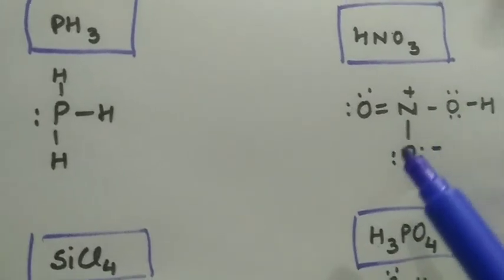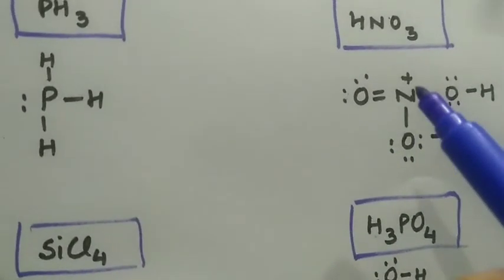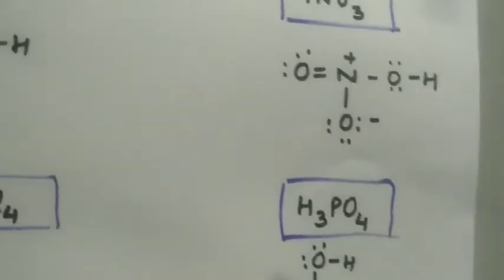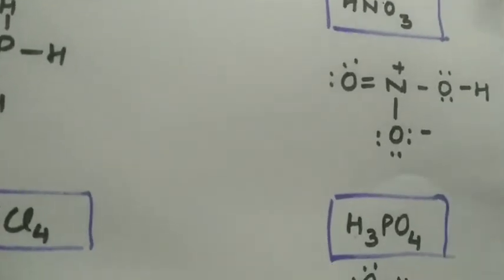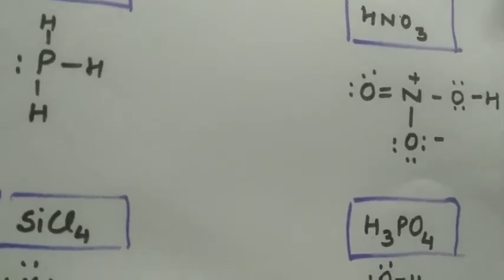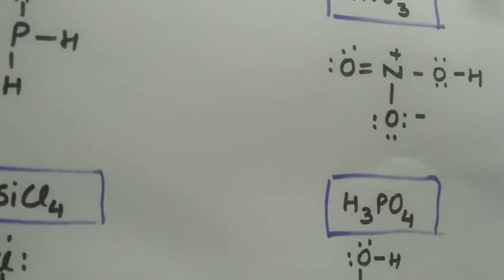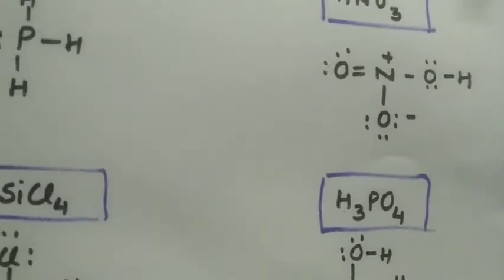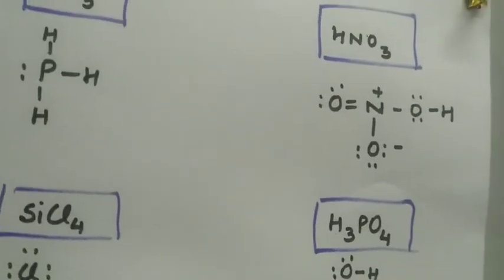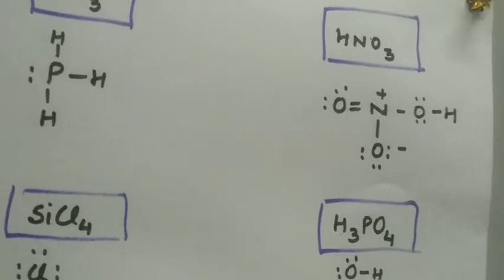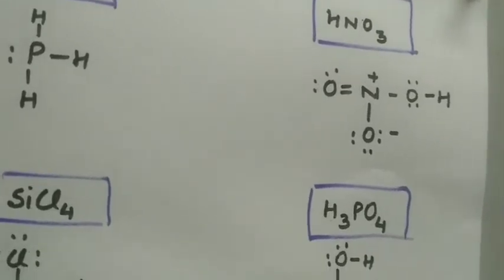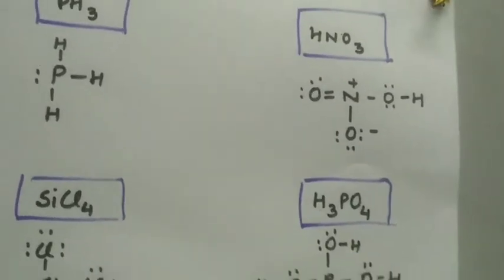Now similarly, the oxygen, when attached to nitrogen by a single bond, has borrowed 1 electron on the whole, so it has a negative charge. So overall the positive and negative neutralize each other and the molecule is neutral.